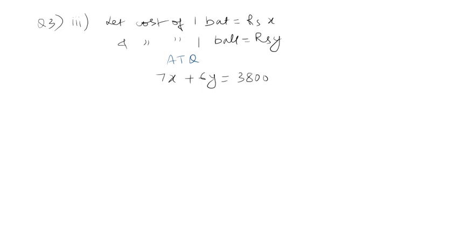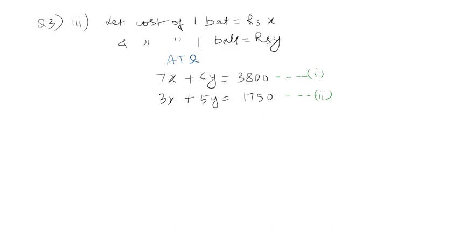Later she buys 3 bats and 5 balls for 1,750. So here they are asking what is the cost of 1 bat and 1 ball. So this is, for us, equation number 1, and this is equation number 2.